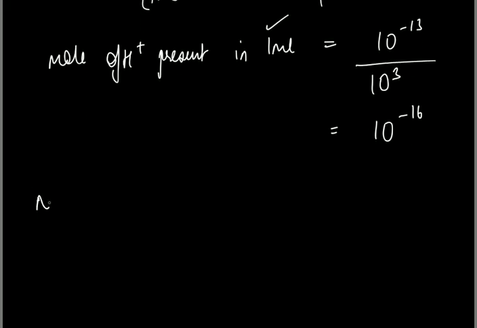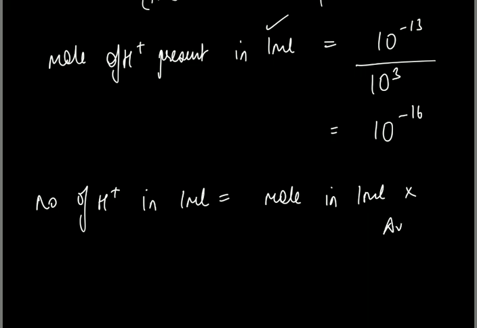Now we come to the number of H positive ions in 1 ml. That is moles in 1 ml into the Avogadro constant. Wherever we are asked about the number, we need to consider the Avogadro constant for sure.